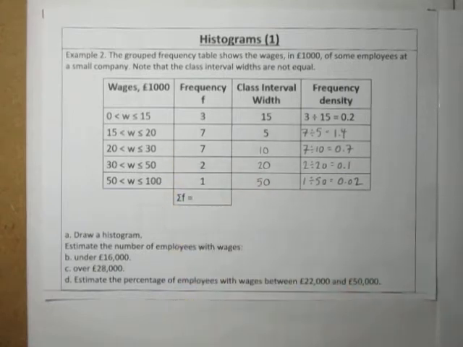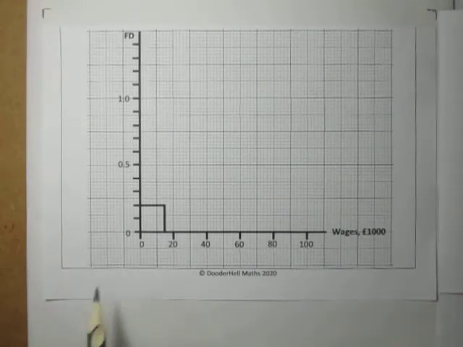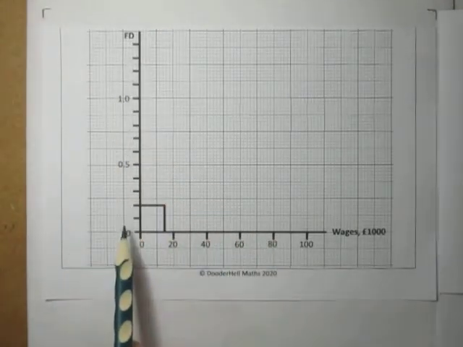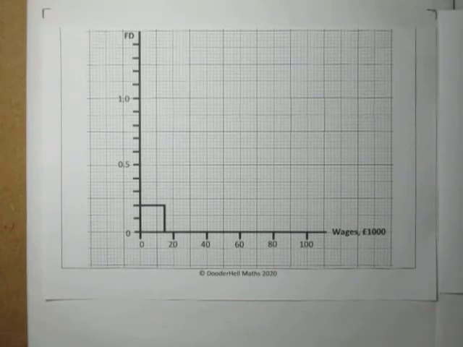Now we need to turn those into a histogram. So here are the axes, frequency density on the y-axis and wages in thousands on the x-axis. Remember that the class interval widths are not the same, so you are going to expect the bars to be different widths.